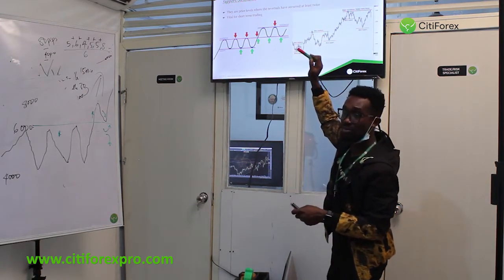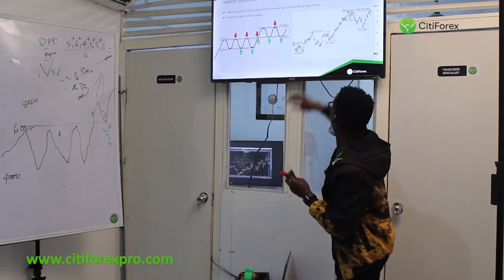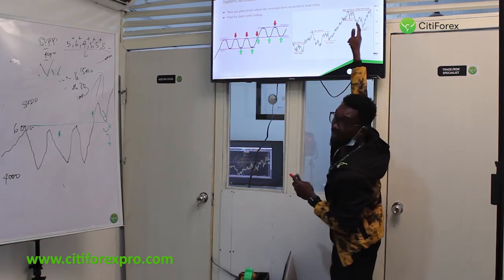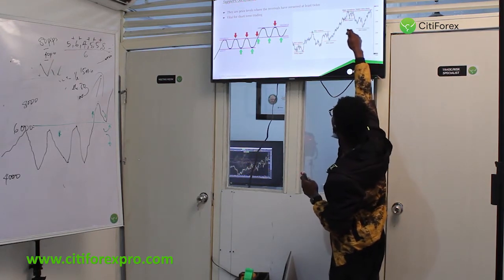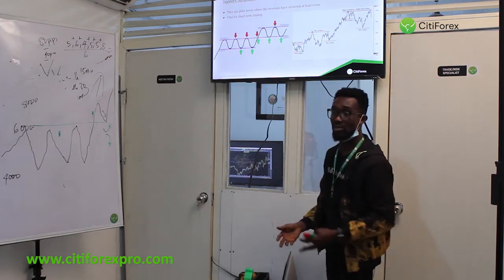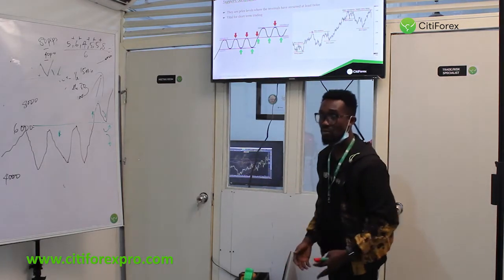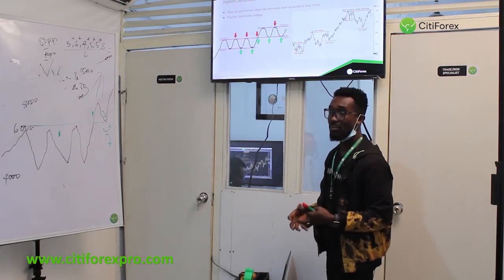I don't know if it makes sense to you. Protecting if I'm selling this market, right? If I'm selling this market and I see that it's approaching a support, what will support do? Support makes it to bounce, is it not? It means that it's going to bounce. So I have to protect, or at least start protecting.